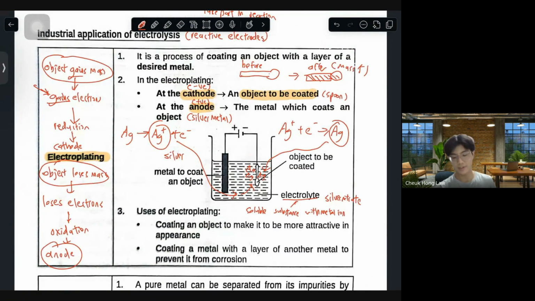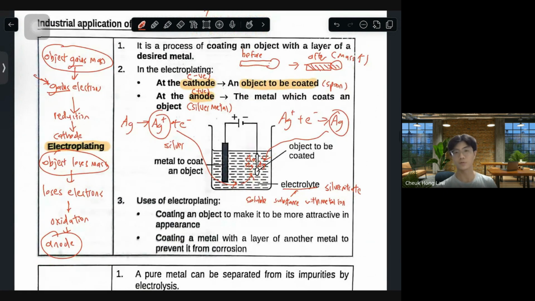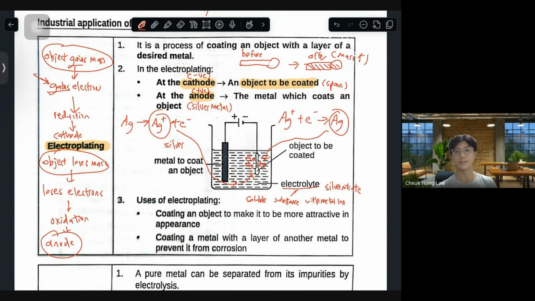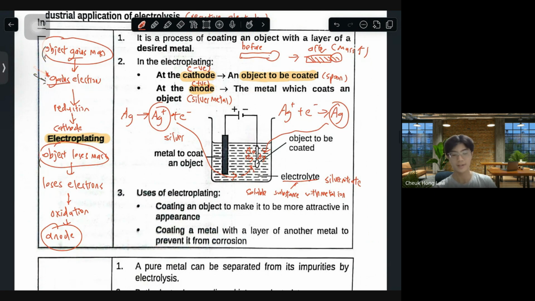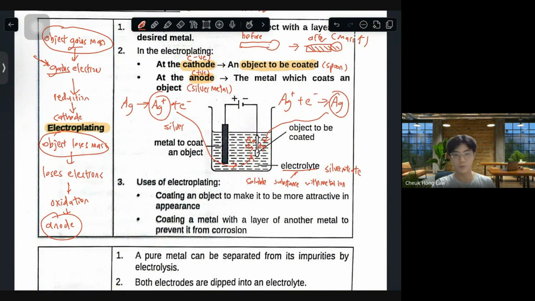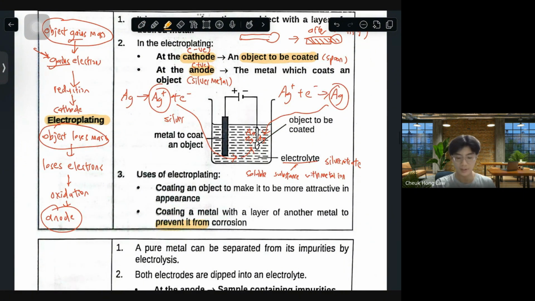So uses of electroplating will be to make an object more attractive in appearance. That's one. That's why rich people like to coat their spoons with silver or gold, right? To make it look more attractive, more atas. Then another one, which is more useful, is to prevent another metal from corrosion. If you learn the reactivity series, you will remember sacrificial protection, right?